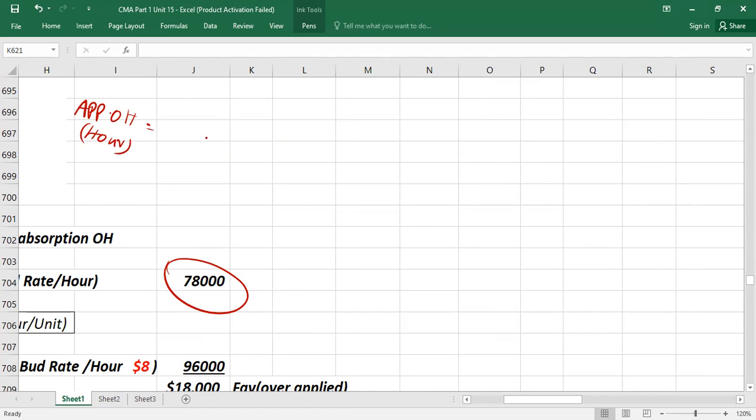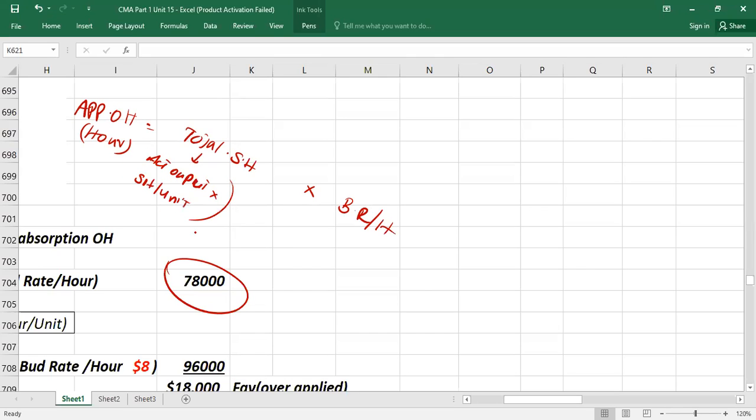I need total standard hours, right? Total standard hours into the budgeted rate per hour. The budgeted rate is given. First, total standard hours, I told you how you will find: you will take actual output into standard hours per unit.